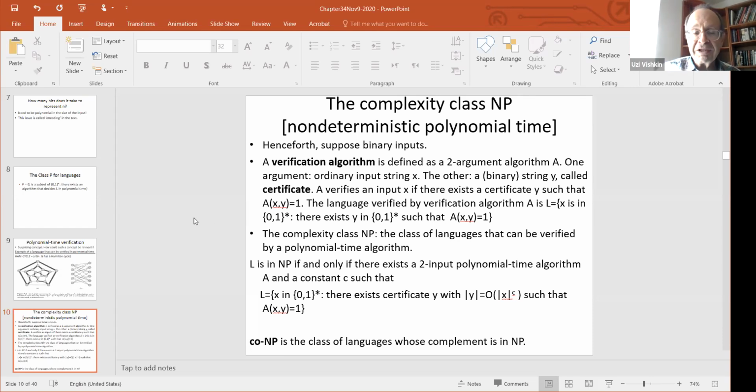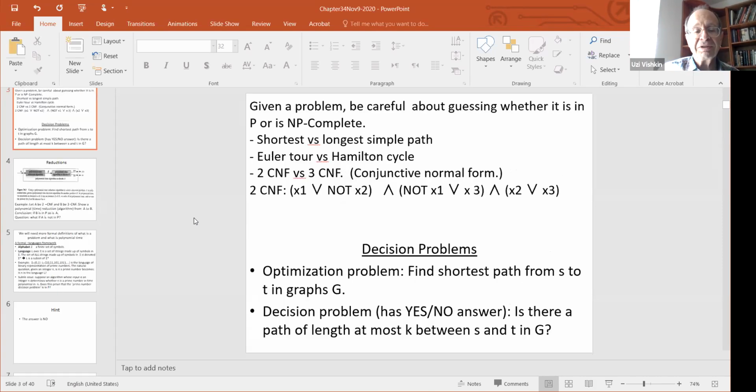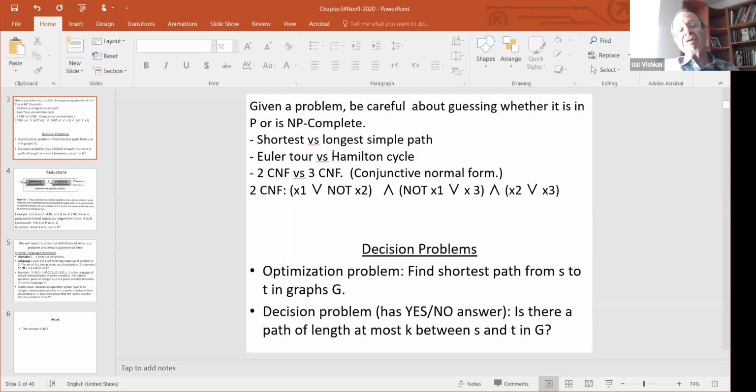So if we go back to the three examples I gave you before that I told you are challenging, it will be pretty clear that there is a verification algorithm for all of them. Remember, I'm talking about decision problems. The decision problem of a simple path will be, does your graph have a path of at least k?